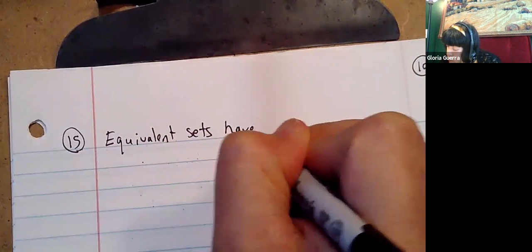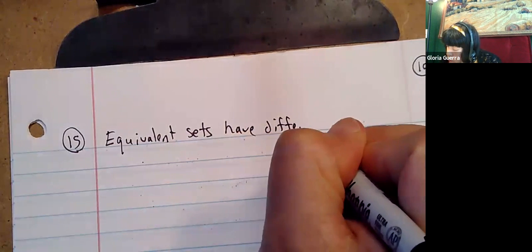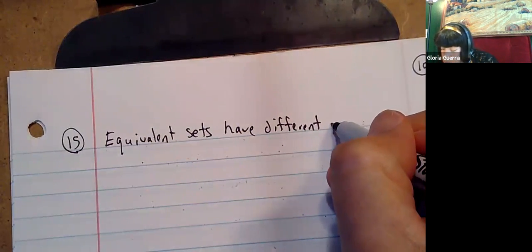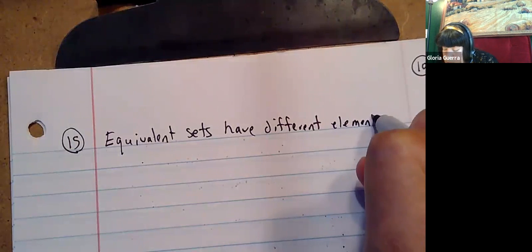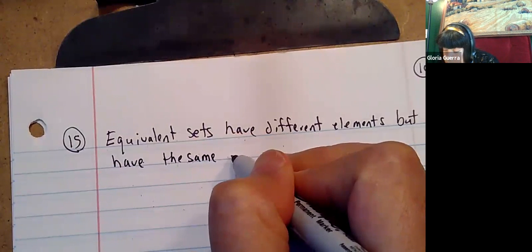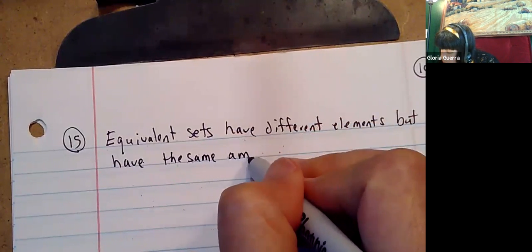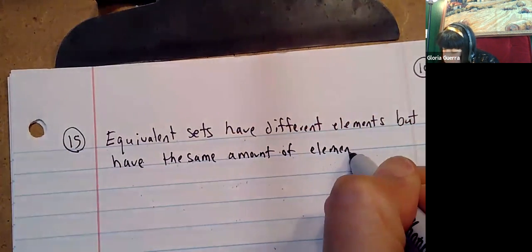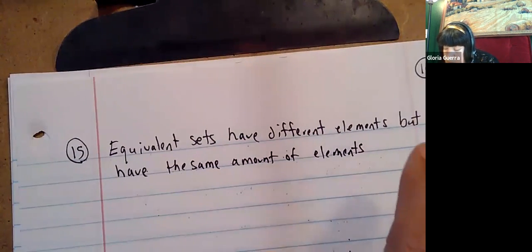So equivalent sets have different elements, but have the same amount of elements.